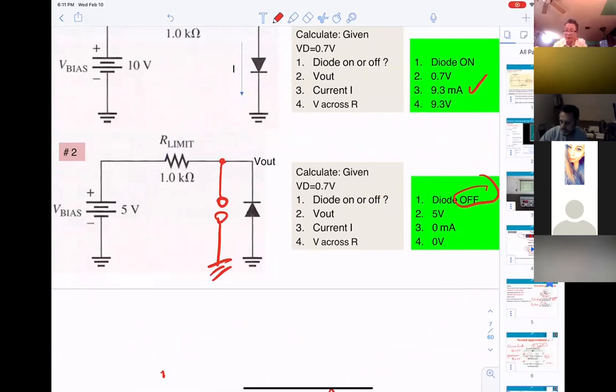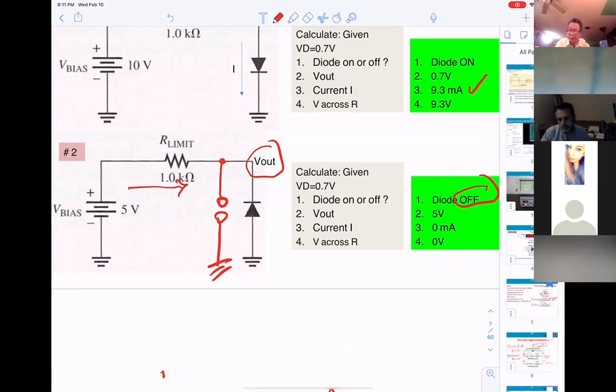And if you want to know V out, what does V out equal? 5 volts, right? When you have an open circuit, the current I flowing here will be zero. Current cannot flow in an open circuit; it must be in a closed circuit. So V out will be equal to 5 volts.